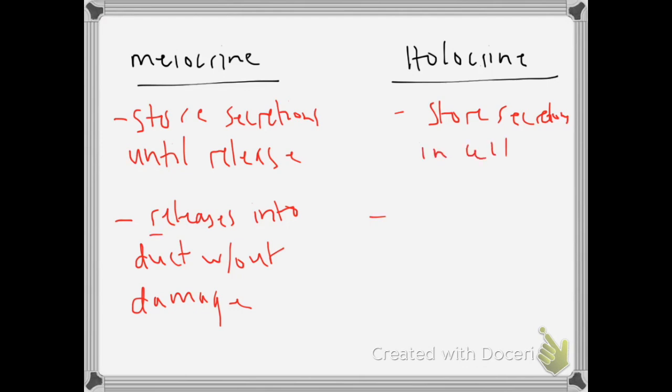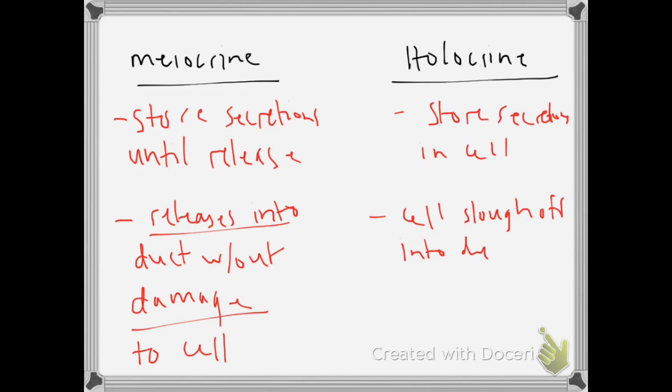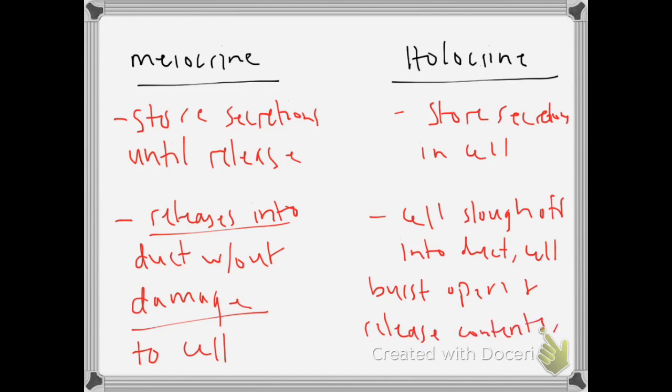Now, instead of releasing into the duct without damage to the cell, with holocrine, the cell is going to slough off into the duct. And then the cell will burst open and it's going to release all its contents. So I'll draw a picture to show the difference. Cell gets destroyed in the process.